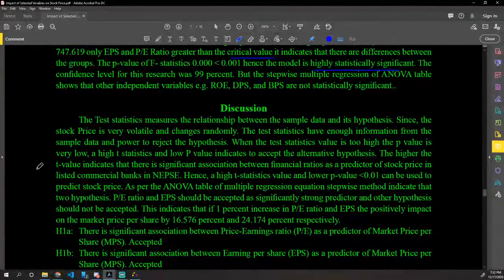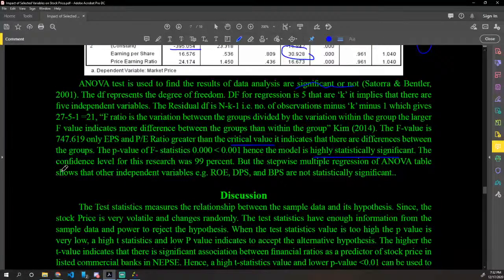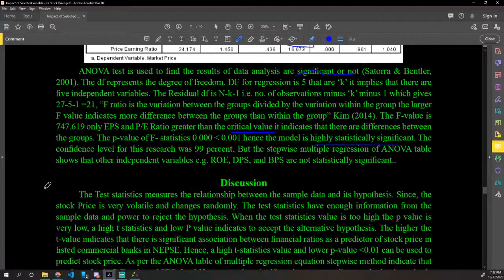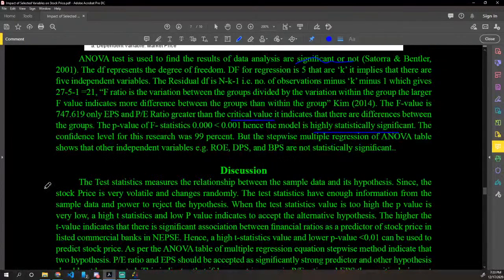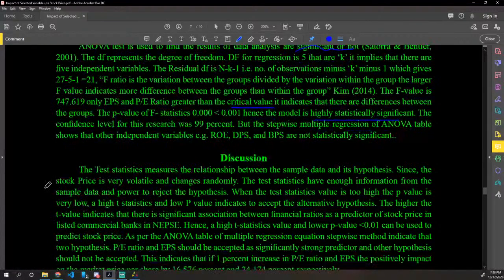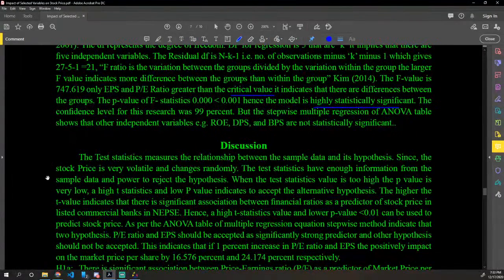So the discussion: the test statistic measures the relationship between the sample data and its hypothesis. Since the stock price is very volatile and changes randomly, the test statistic has enough information from the sample data and power to reject the hypothesis. That is correct. When the test statistic value is too high, the p-value is very low.